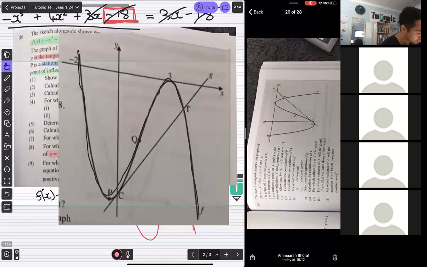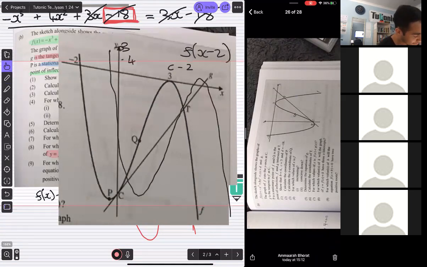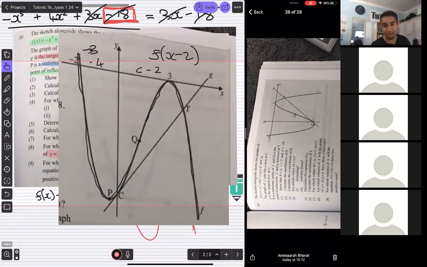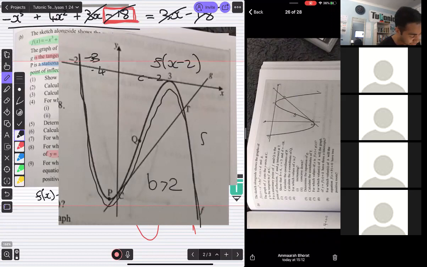Because it's a negative number. If it's less than negative 2, like minus 3, then minus 4, it will move more to the right. So they could have caught you out there, because you might have said b must be greater than 2, but that means you're saying that it must be f of x plus 3. What's that going to do to the graph?